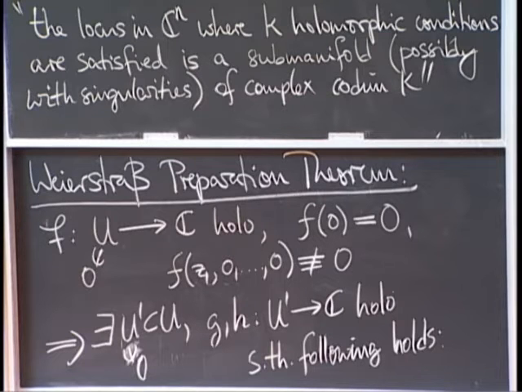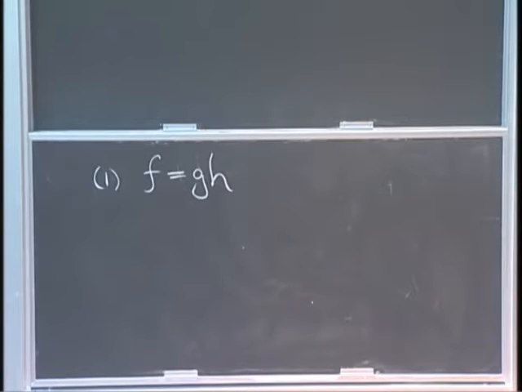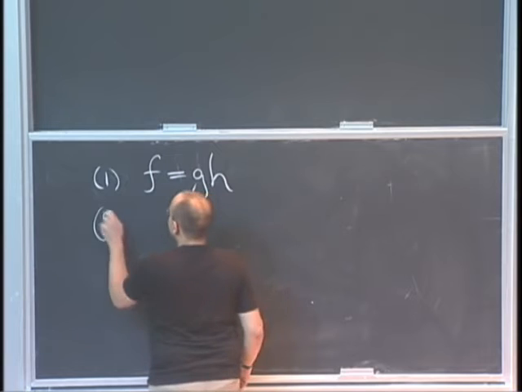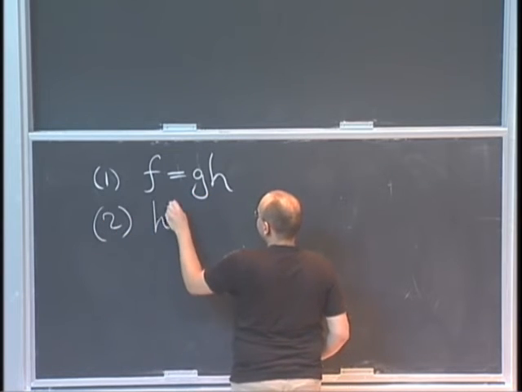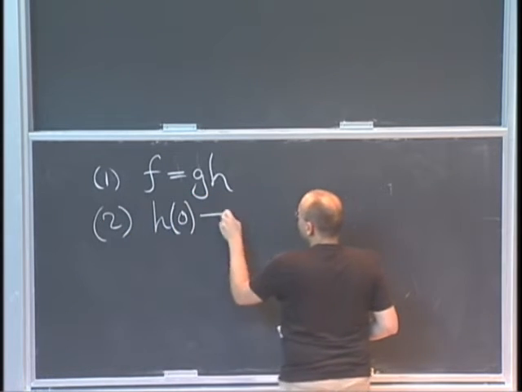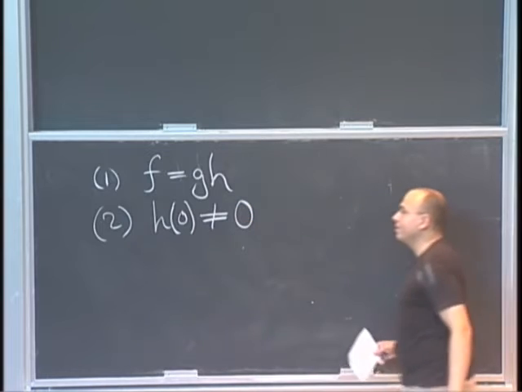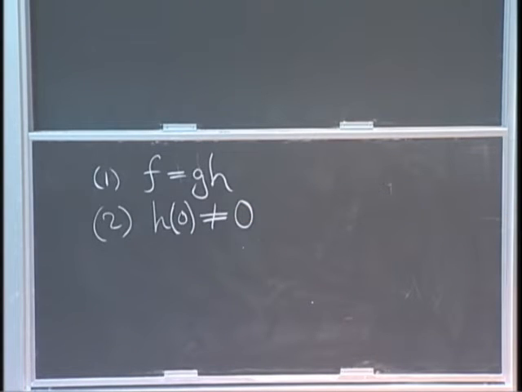First, f is equal to the product of these two, g times h. That's not very exciting. Second, h doesn't vanish at the origin. It's not very exciting either. It's just saying that h doesn't vanish in some small neighborhood of the origin, meaning that you can actually divide by h, so 1 over h is a nice, well-defined holomorphic function as well.